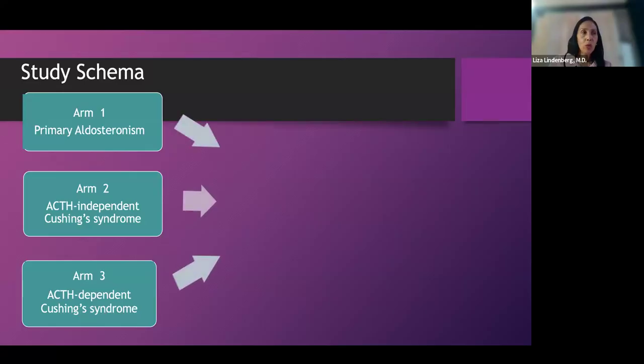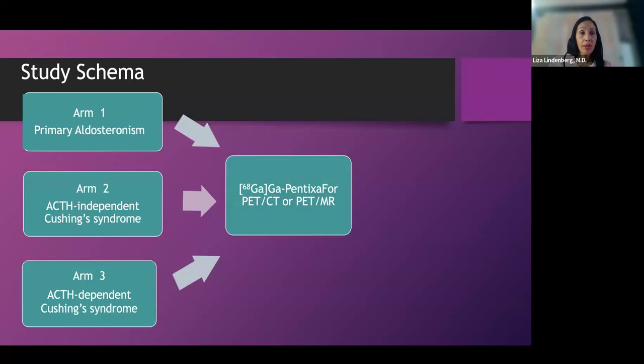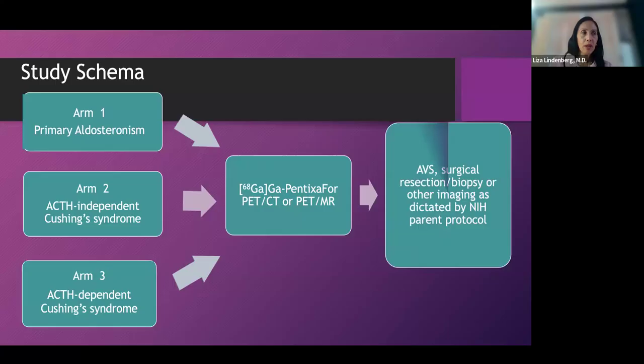All participants will undergo one baseline Ga-PentixaFor PET-CT or PET-MR scan. Patients will then have further endocrine investigations, adrenal venous sampling, or additional imaging performed under a different NIH protocol.